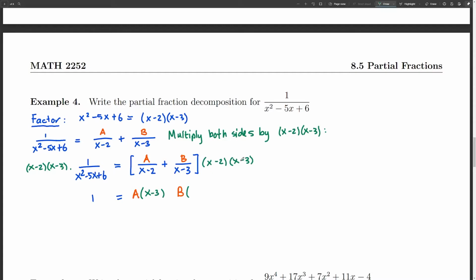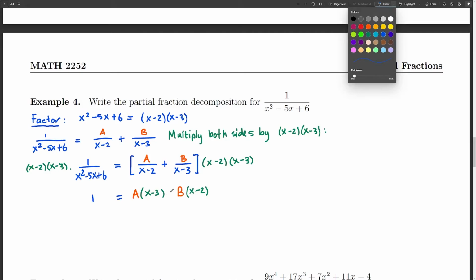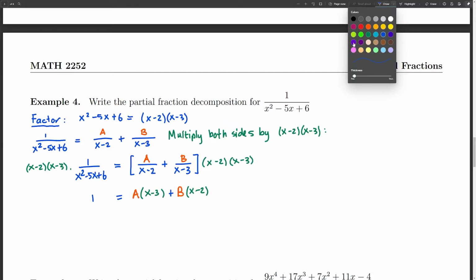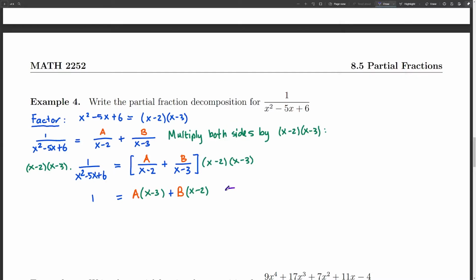And for the b, the x minus 3 cancels. So we're left with b times x minus 2. And then we add those two terms. The equation we have here is what is called the basic equation. Now, this is the equation we have to solve to figure out what a and b are.